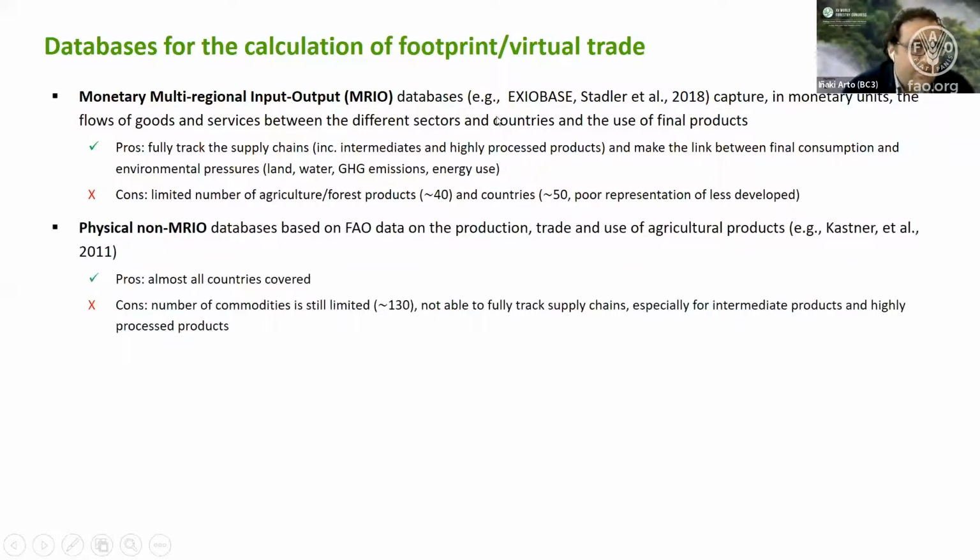On the other hand, we have the physical non-multi-regional input-output databases that are based mostly on FAO data on the production, trade, and use of agricultural products. An example of this database is the one that has been developed by Kastner and others, which has been widely used in the literature to analyze issues related to trade and land use and even biodiversity conservation and deforestation.